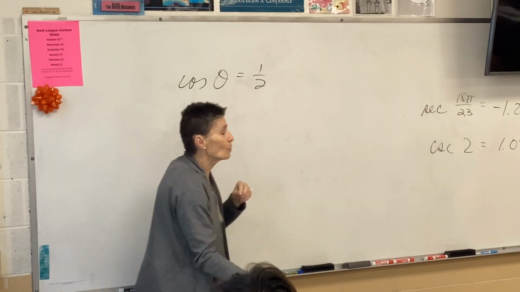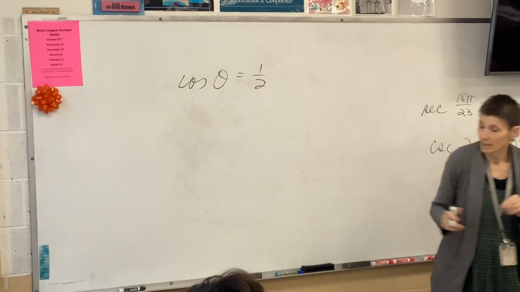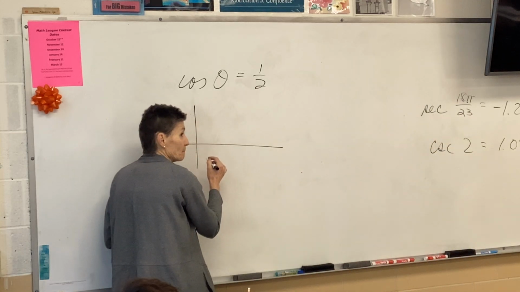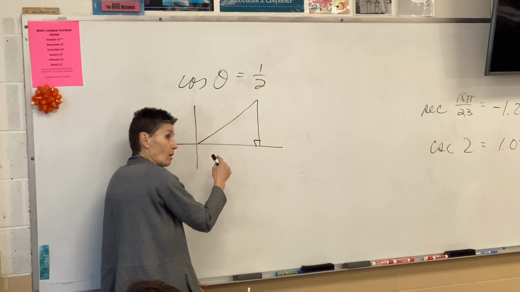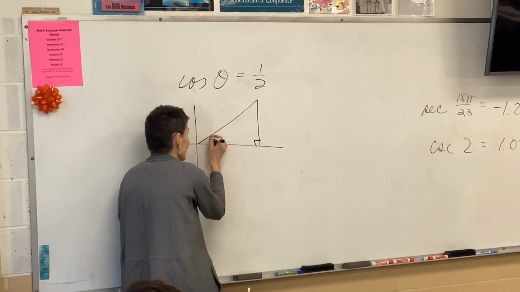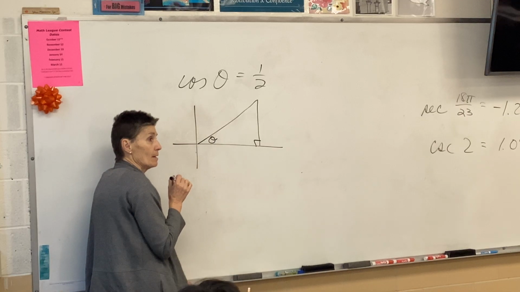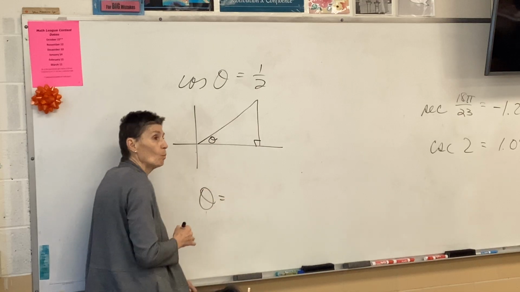All right, this is totally backwards because now I know what my cosine is. So here's my triangle. Remember, that's the triangle we draw. Here's my theta, and I gotta figure out what that angle is.